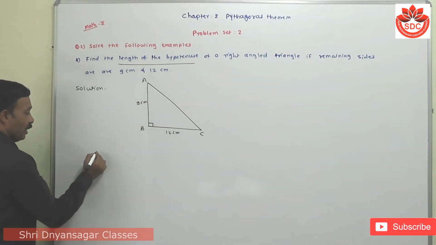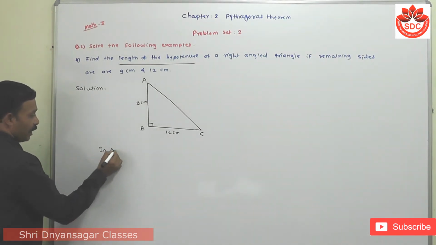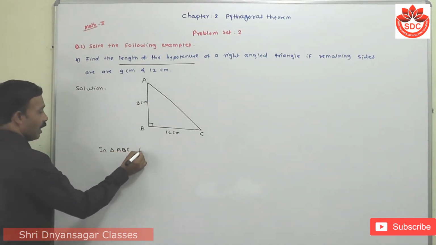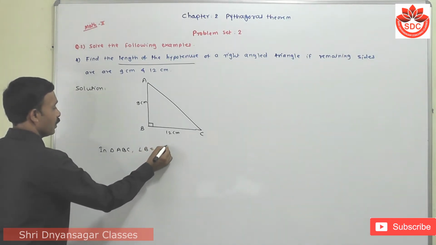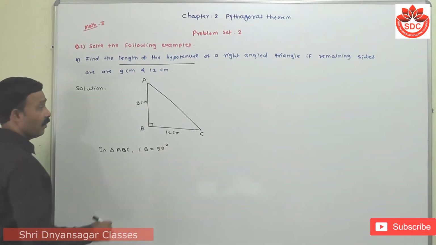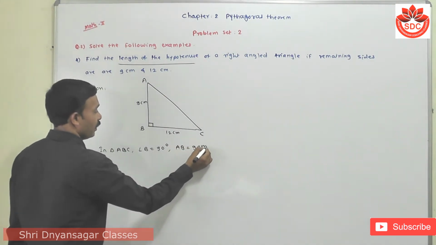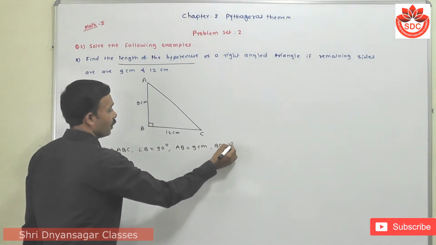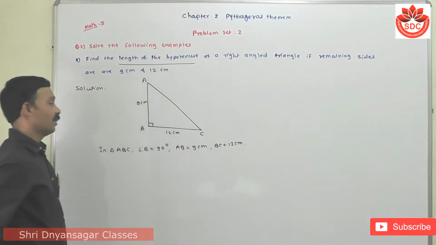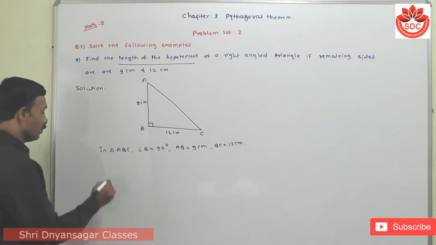Now in triangle ABC, angle B is equal to how much? 90 degrees. Now AB is given as 9 cm and BC is 12 cm. Then we use Pythagoras theorem.